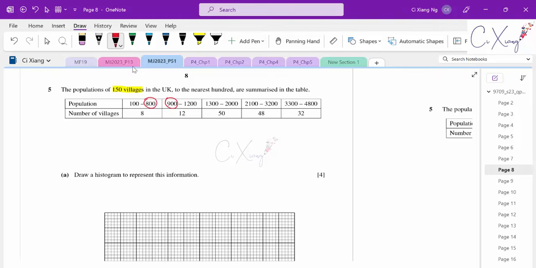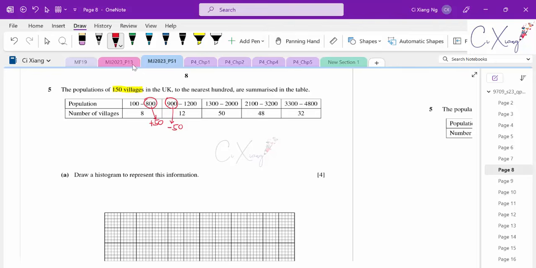One value ends with 800, another value starts with 900. Therefore, you can see there's a gap between them. But when we want to sketch a histogram, there shouldn't be any gap between them. Therefore, for this value I need to add 50, and for this value I need to minus 50, so that they share a common value, which is 850. So after I adjust them to 850, there's no gap between all the classes.